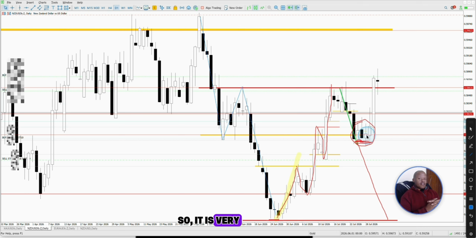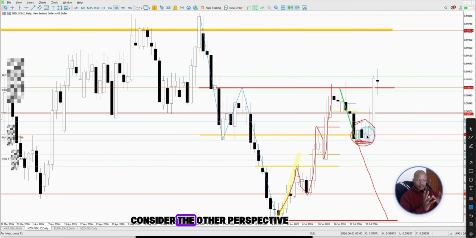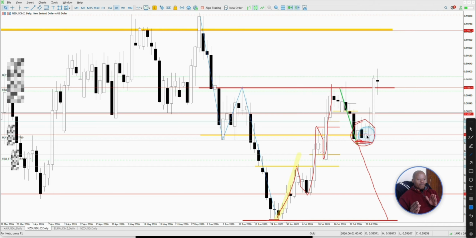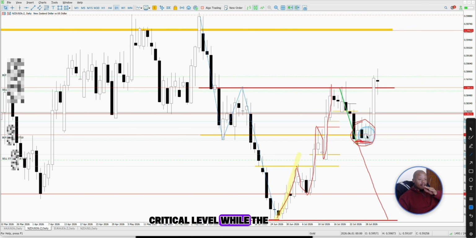So it is very, very important to consider the other perspective. Don't just focus on the perspective of, for example, the sellers or the bears, and ignore the perspective of the bulls. The market might be at a critical level, while the strength is building up at that critical level.